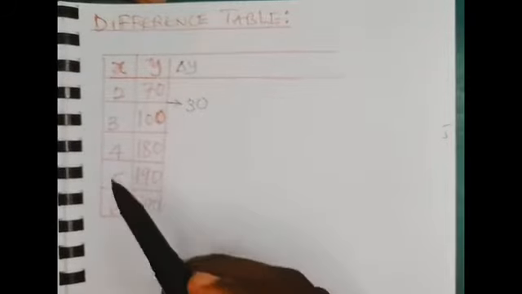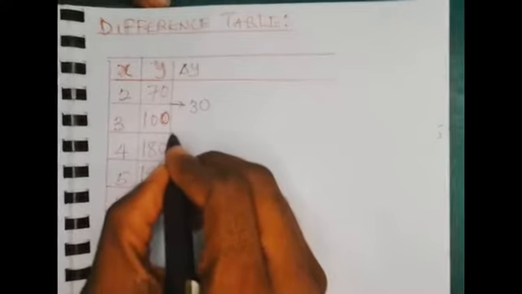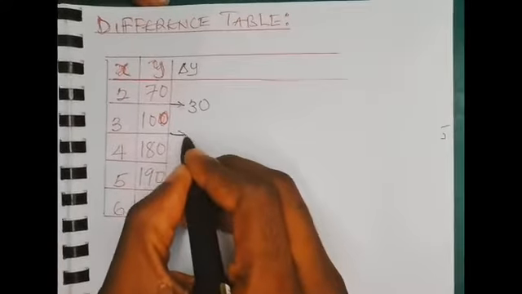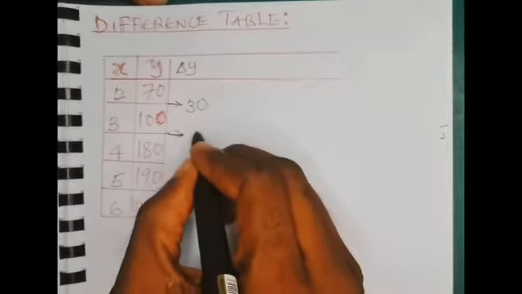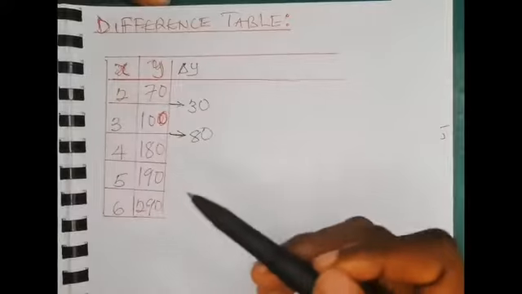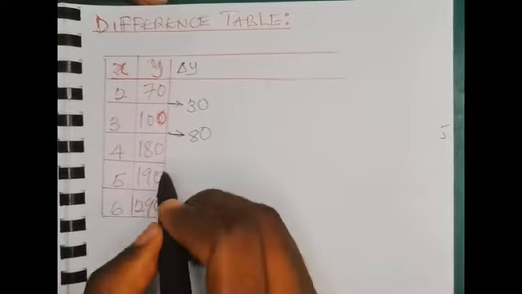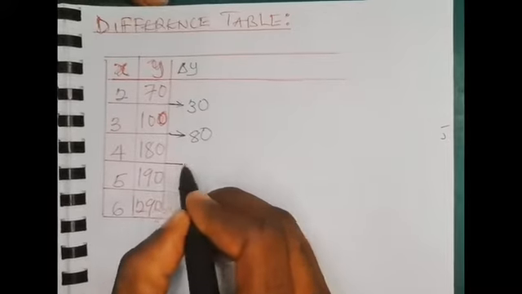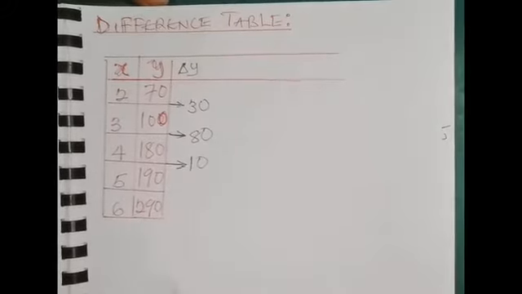The next difference is 180 minus 100, also written in between the two of them. So 180 minus 100 simply gives us 80. So this is also among the first differences. Next is 190 minus 180, also written in between the two, and that simply gives us 10.